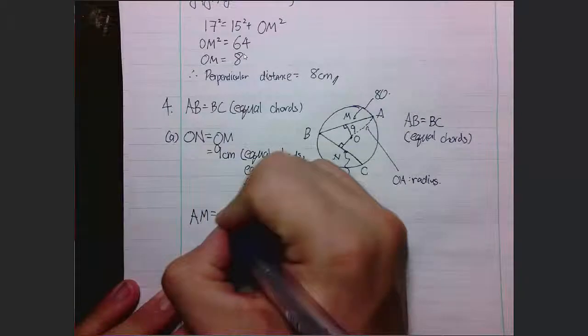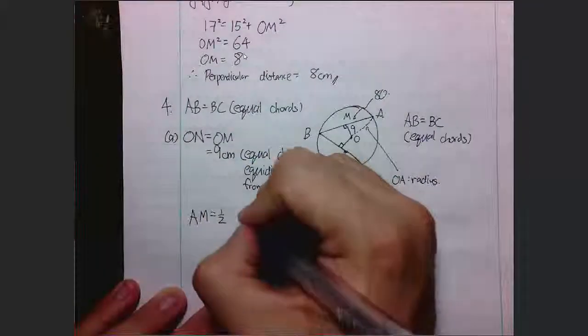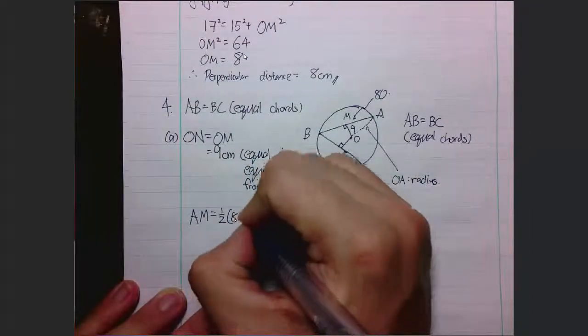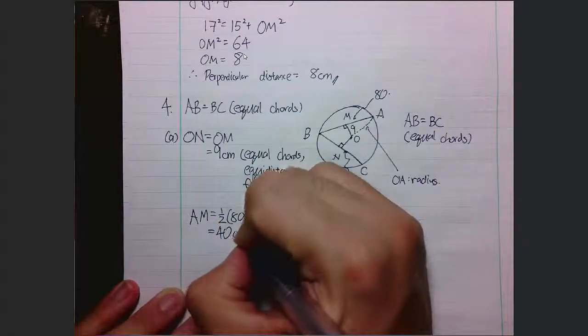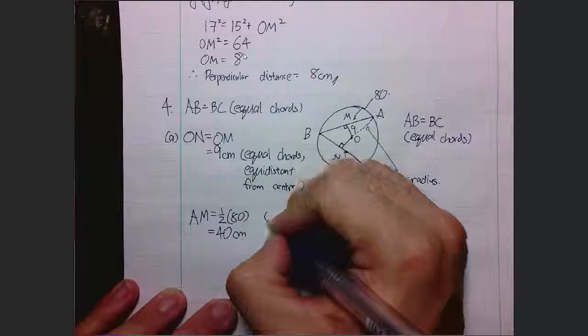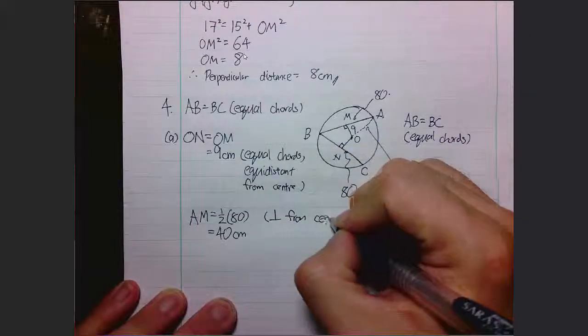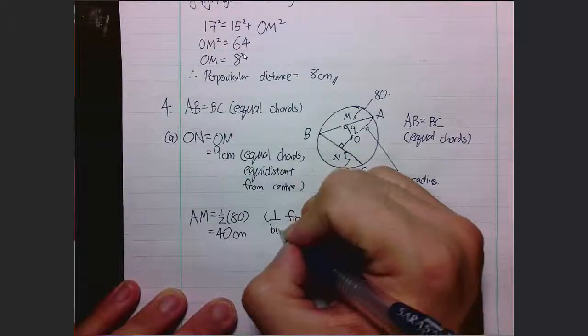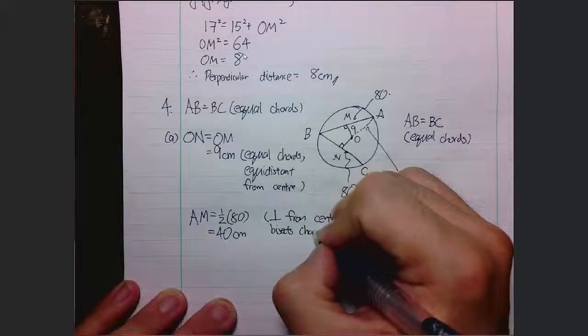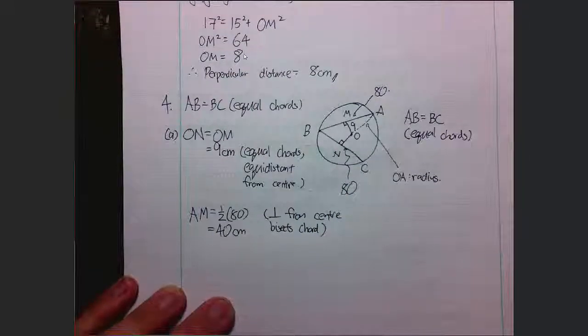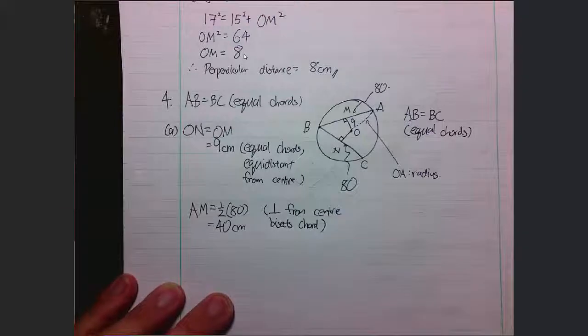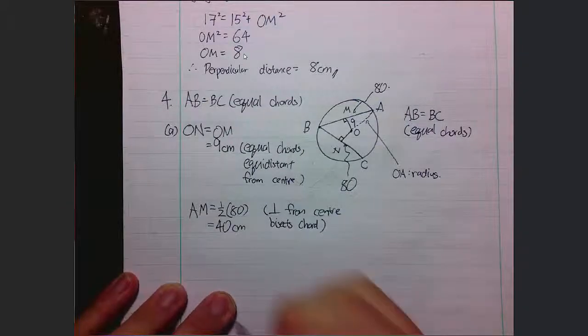AM is equal to half of AB, so it's half of 80, which is equal to 40 cm, and the reason here being perpendicular from center bisects chord, like this.